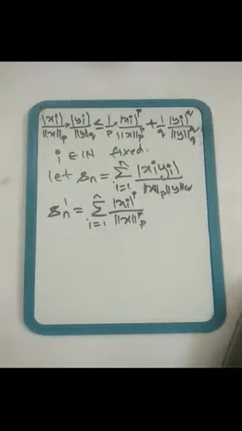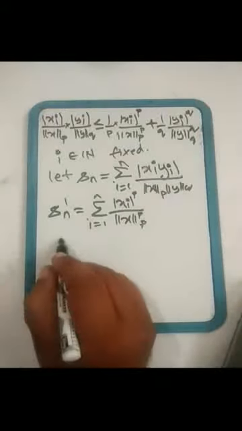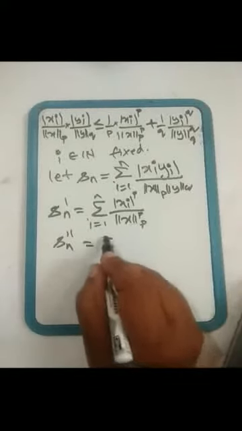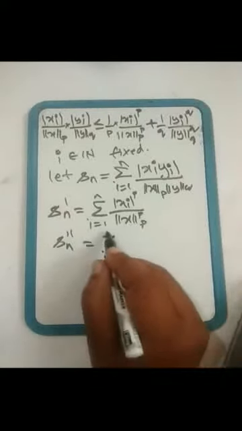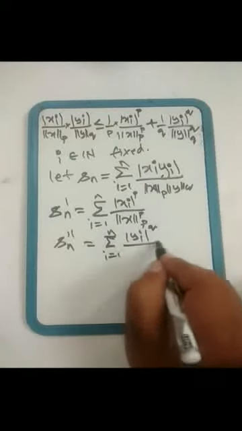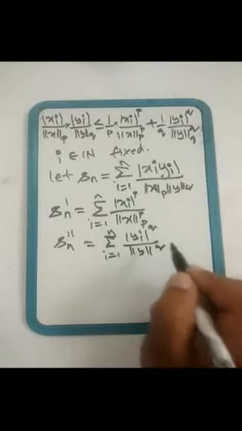Okay. And Sn double dash, let it be the sum from 1 to n of mod of yi to the q.